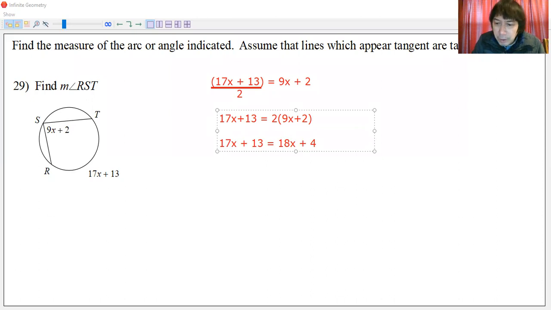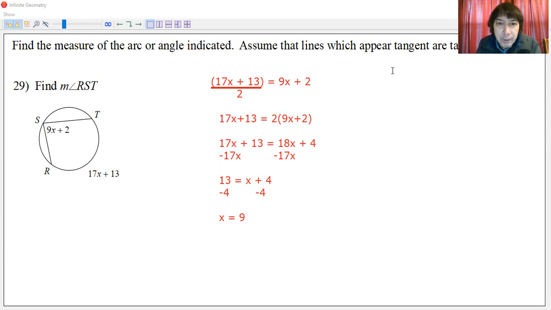Then subtracting 17x, our next line will be 13 is equal to x plus 4. Subtracting 4 from both sides, x is equal to 9.